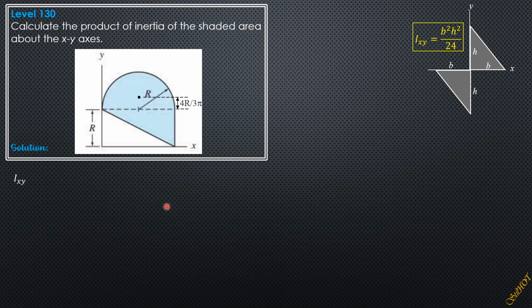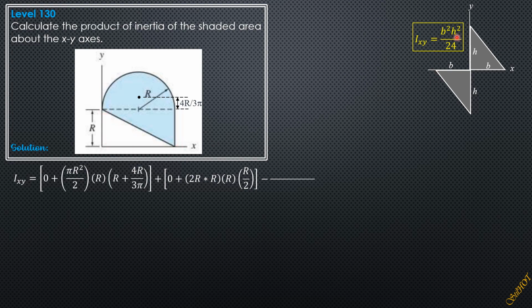So Ixy equals 0 plus pi r square over 2, semicircle, x barred r, y barred r plus 4r over 3 pi. Then plus the rectangle, with respect to the centroid 0, plus area 2r by r, then x barred r, y barred r over 2. Then for the triangle, minus b square, where b is 2r, h is r.